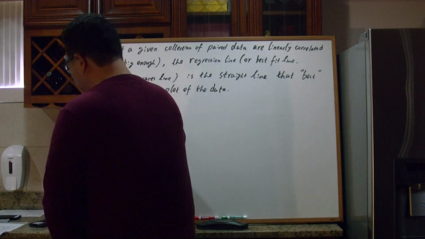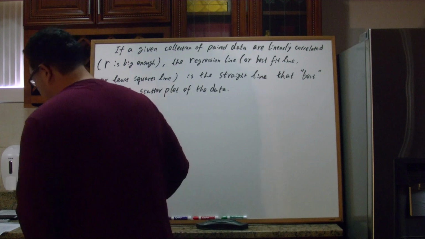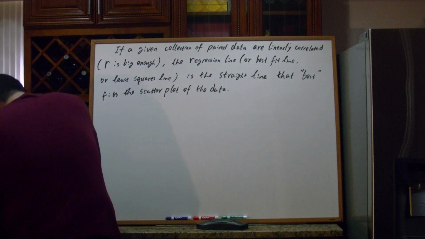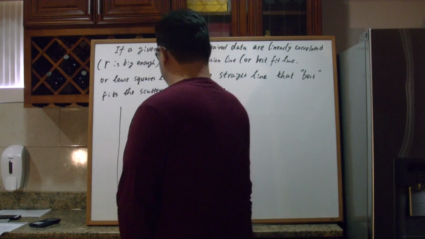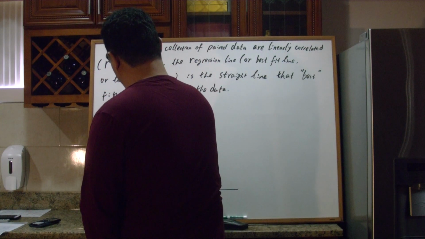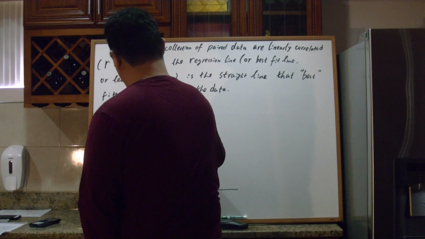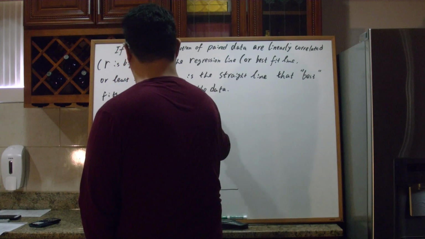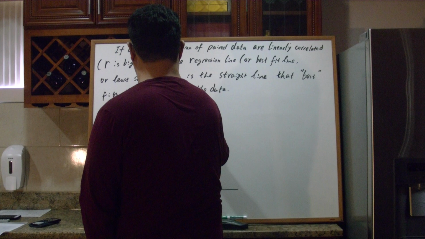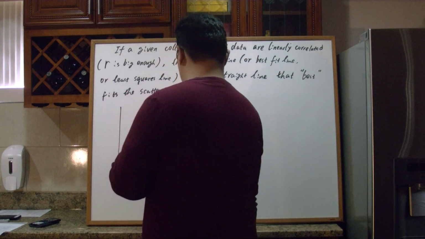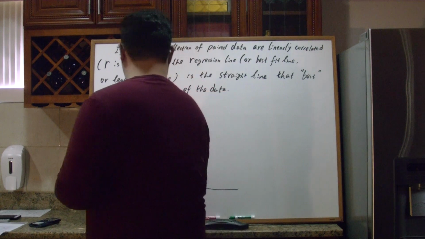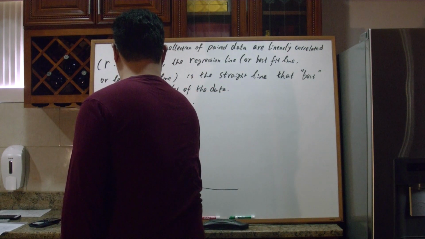So for some data we can see maybe we get a line or the points are nicely patterned, that we are able to draw a line passing through it.